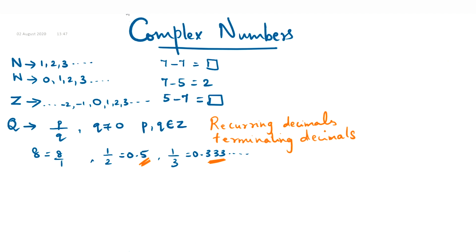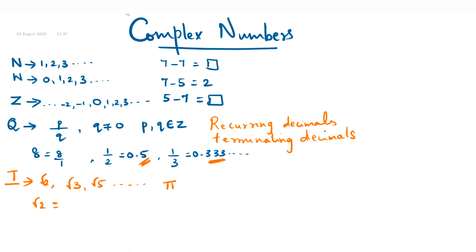On the other hand, the numbers which cannot be represented as a ratio of two numbers, we call an irrational number. Examples of irrational numbers are root 2, root 3, root 5, etc. And pi is also an irrational number. What is the value of root 2?